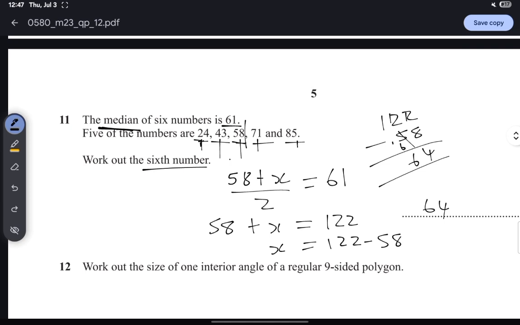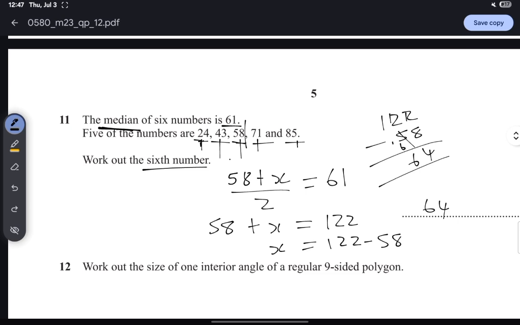There you have it. So let me explain a bit. We are given five numbers and we're told that the median of the six numbers is 61. Six numbers, 6 is even, and we know the median is the number in the middle, right? We can get that by getting an average of the middle two numbers, adding them and dividing them by 2.